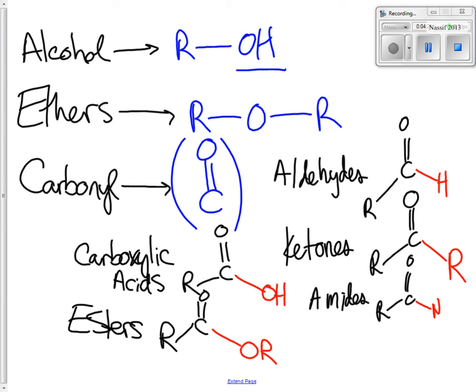Now, the first element that we'll write down is a nitrogen, when in reality, there doesn't have to be two hydrogens attached, but it can be hydrogens or R groups. But for the sake of simplicity, we'll write NH2. And lastly, the derivative of amides are what? Are amines. And amines are simply written as R bound to an NH2 group.